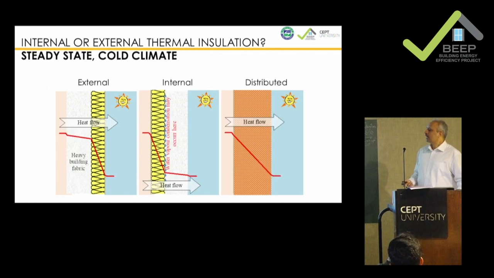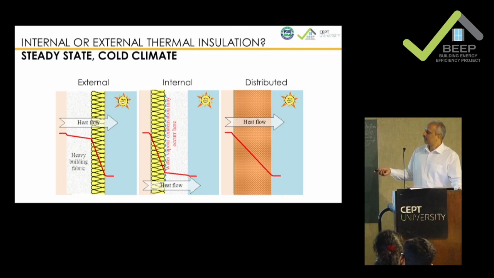When you have a cold climate, your outdoor is low, your indoor you want to retain high, and hence you put insulation outside. Internally, this mass will get warmed up first, but the insulation will not allow heat to reject out, so it will still be low. Okay, if you put it outside, you do have a chance.